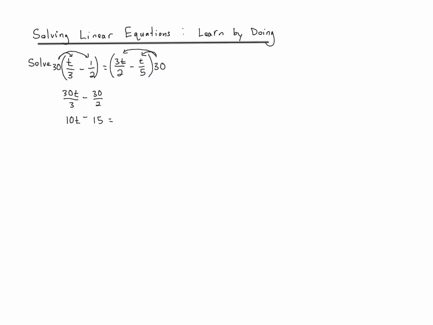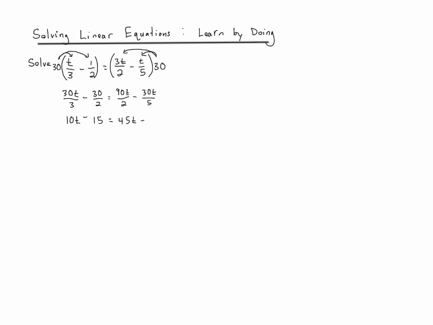Then we'll do the same thing on the right-hand side. 30 times 3t is going to be 90t. And when we divide that by 2, that gives us 45t. And then we've got minus 30 times t is going to be 30t.